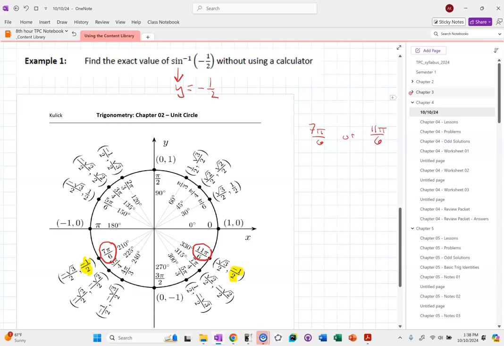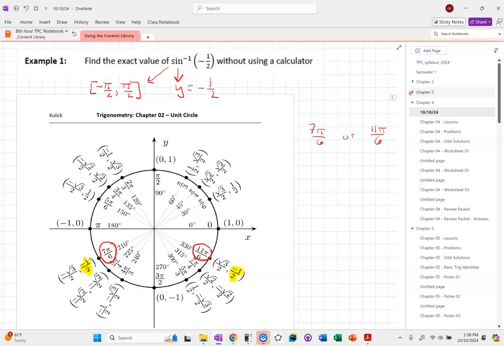Is everybody okay there? The problem is that I know that the range for sine inverse is -pi/2 to +pi/2. So I need to look at my two answers.